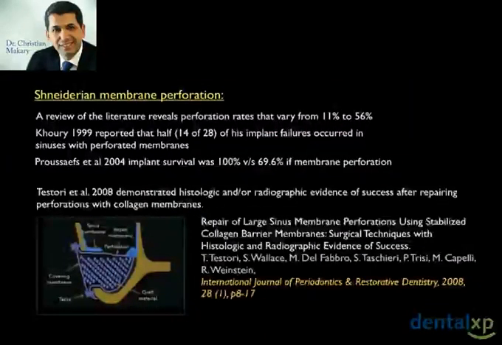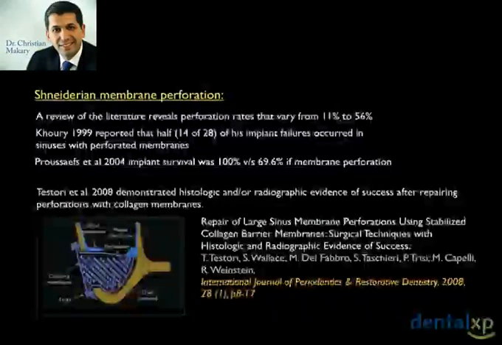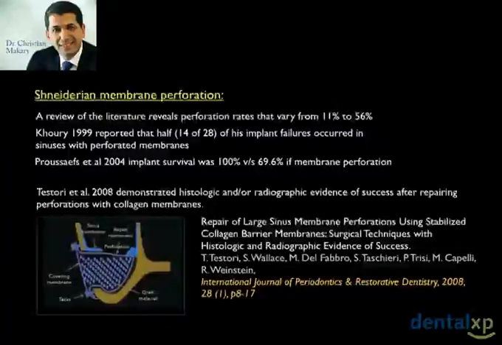Actually, one of the major complications we are confronted with as clinicians during our sinus lift procedures is Schneiderian membrane perforation. A review of the literature reveals that these perforation rates may vary from 11% to 56%.